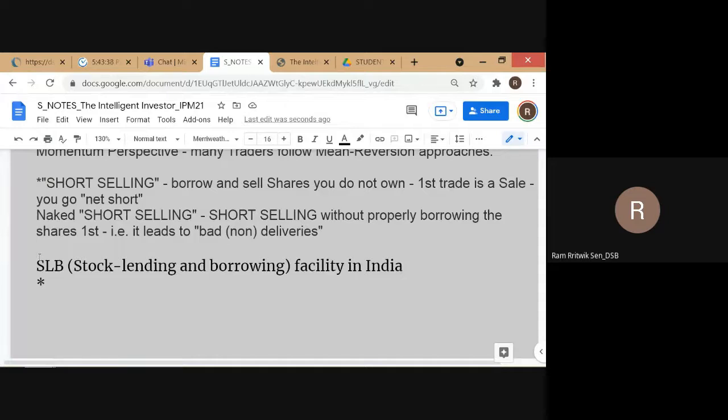Kind of stupid ideas, basically, totally unable to grasp the beauty of free markets. That's been the problem of the Indian regulatory story. But at least we are there now. On paper, we have the stock lending and borrowing facility in India, so technically you can go short.